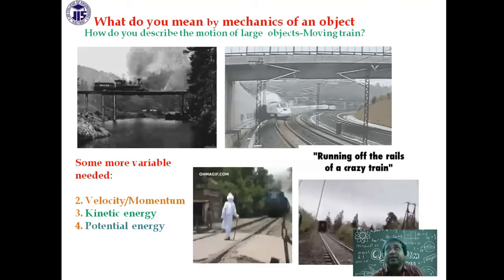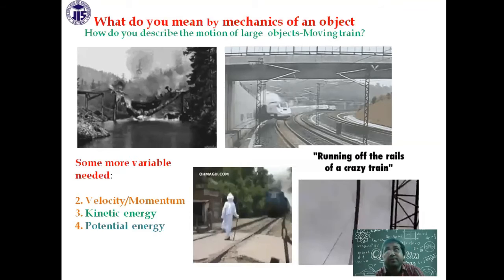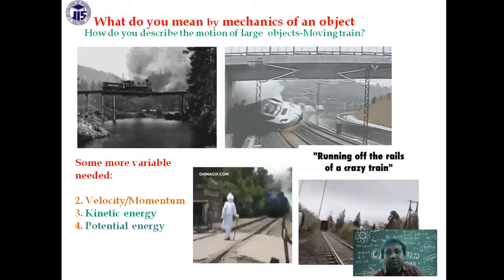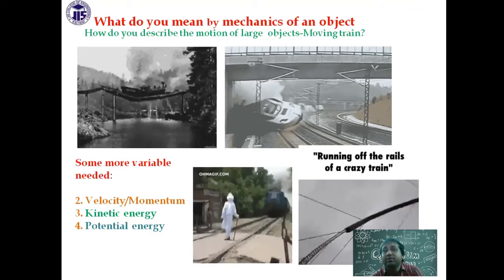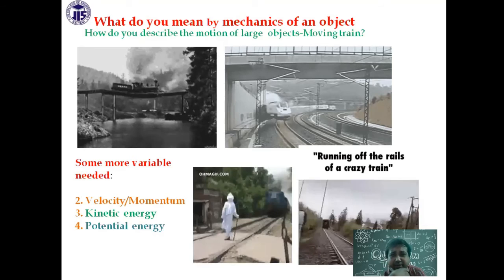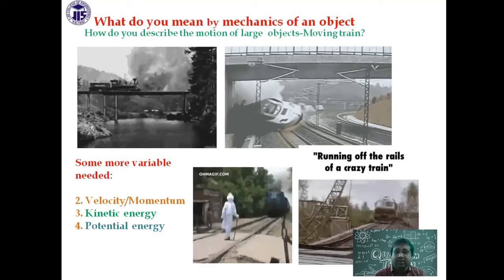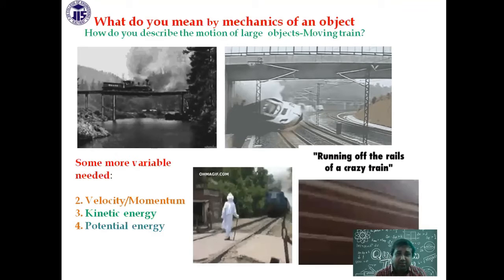You see the right hand side train, it is colliding. See the examples very carefully, they will give you all the lessons. The train is falling down, the train is coming and colliding. Whenever you describe collision, some more physical parameters come in, like energy, kinetic energy and potential energy, which together make up mechanical energy.